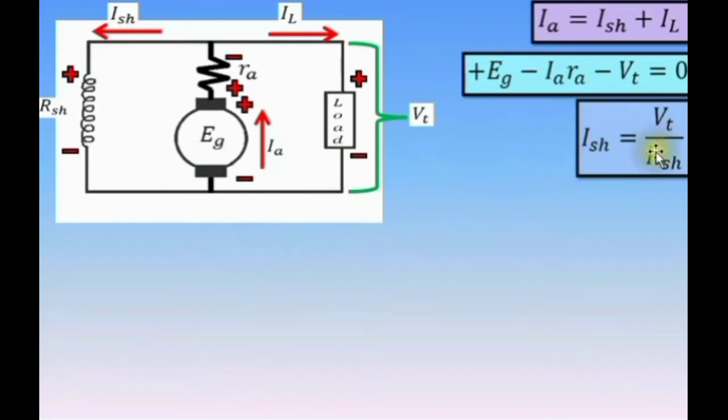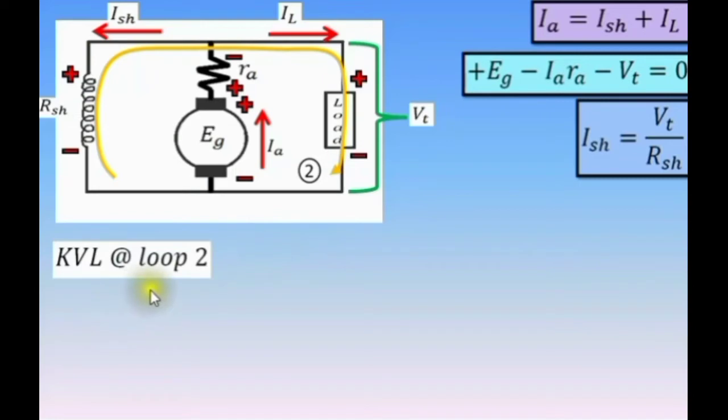To also prove this, we can use this loop. It passes from the shunt field resistance to the terminal voltage. So let's say that this is loop 2. Kirchhoff's voltage law at loop 2. First, we have positive RSH, multiply that by the shunt field current. So that is positive ISH times RSH.